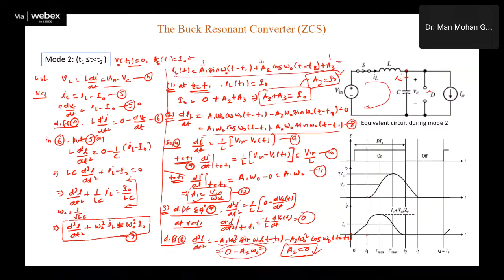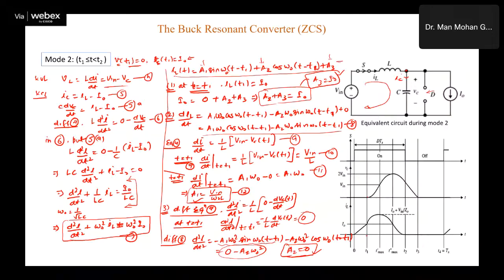So what is this dI by dt? This only: Vin upon omega naught L into omega naught cos omega naught (T minus T1) plus 0. If you simplify that, then you will get VC(t).